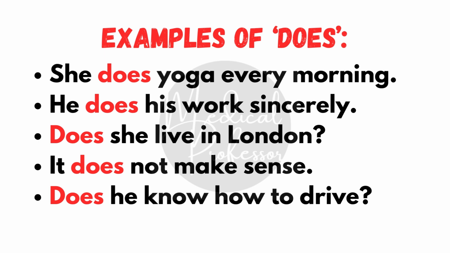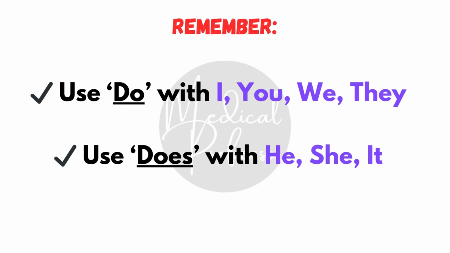She does yoga every morning. He does his work sincerely. Does she live in London? It does not make sense. Does he know how to drive? Remember, use do with I, you, we, they, and use does with he, she, it.